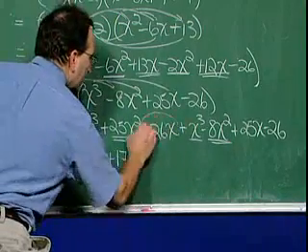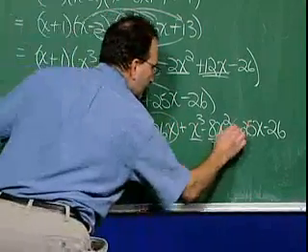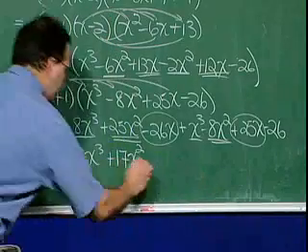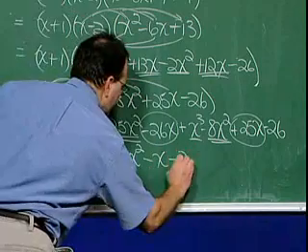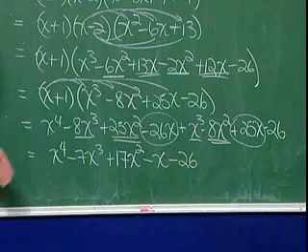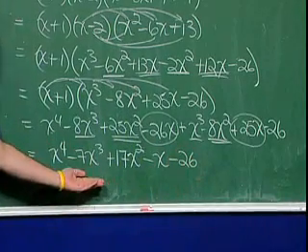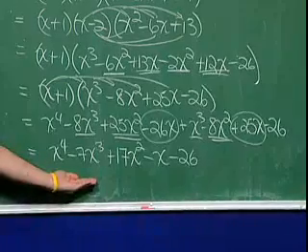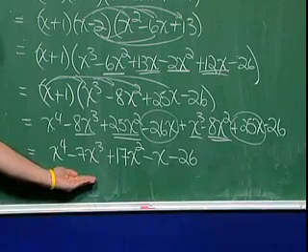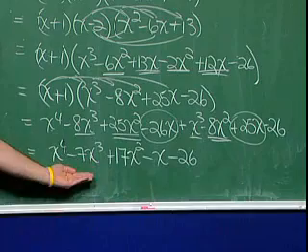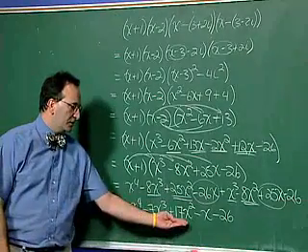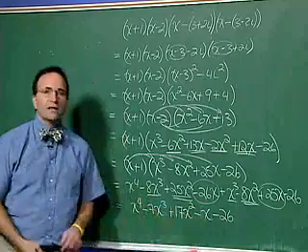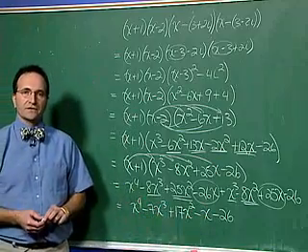Then we have minus 26x plus 25x for minus x, and then the constant term, negative 26. So that is the polynomial of least degree that has the zeros of 3 plus 2i, 3 minus 2i, -1, and positive 2: x to the 4th minus 7x cubed plus 17x squared minus x minus 26.